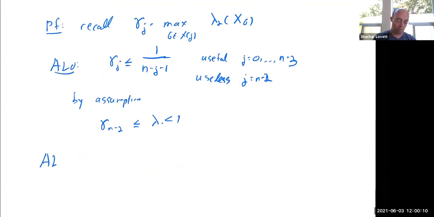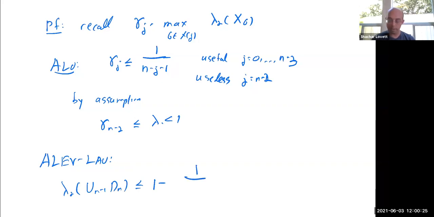So now we can just plug into a level-up. Remember what level-up told us: what should be the second eigenvalue of the lower walk? It's at most 1 minus 1 over n, times the product over j going from 0 to n minus 2 of 1 minus gamma j.